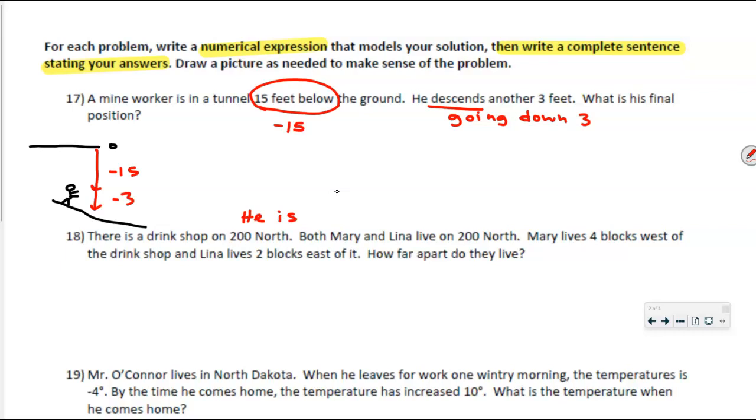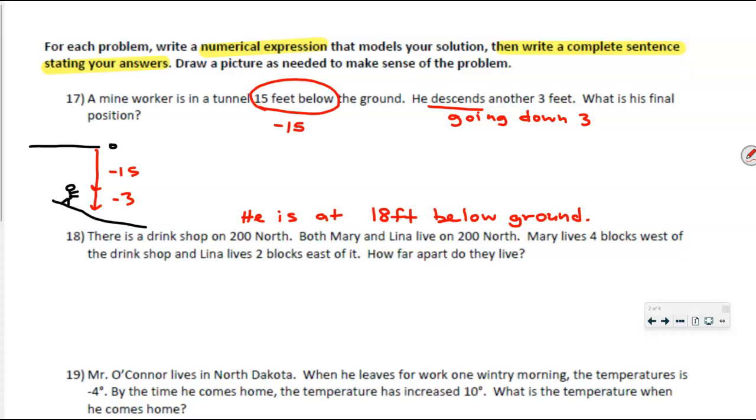Sophia? Perfect. He is at 18 feet below ground, or his final position is 18 feet below ground. Typically, when we're talking as a story, we don't say negative 18. We instead would say 18 feet below, which means the same mathematically as negative 18.